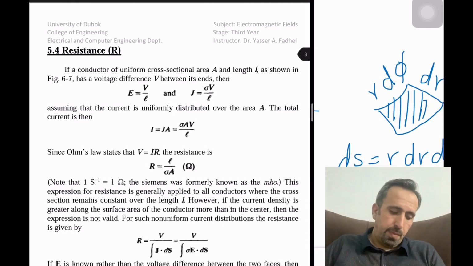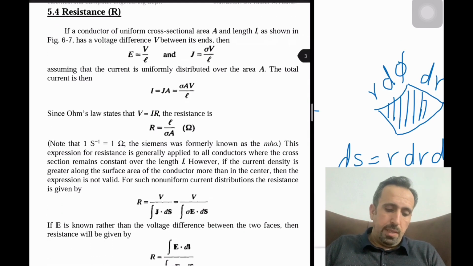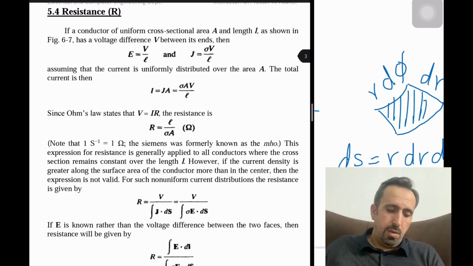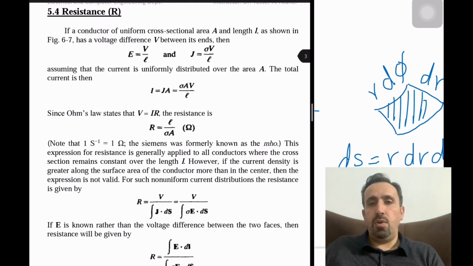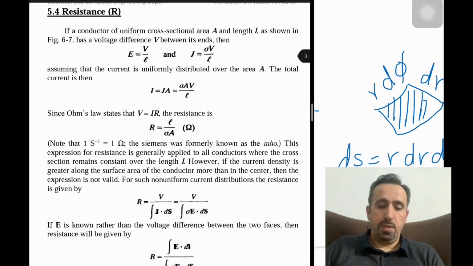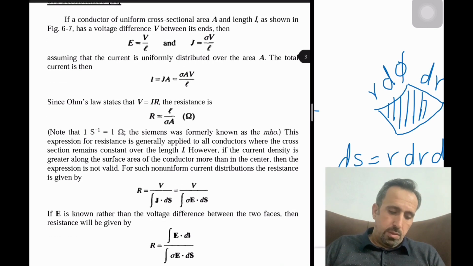The resistance of any material could be found by knowing its voltage and current, or if you have its specific resistivity or conductivity, sigma, you can use certain formulas to know the amount of resistance.